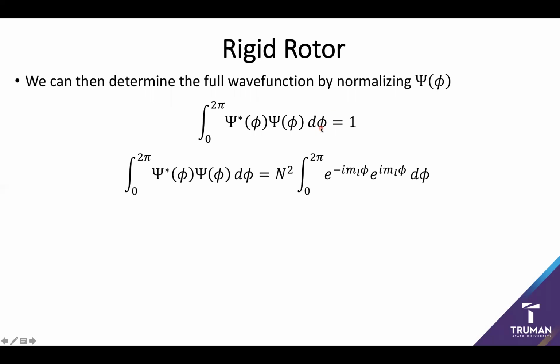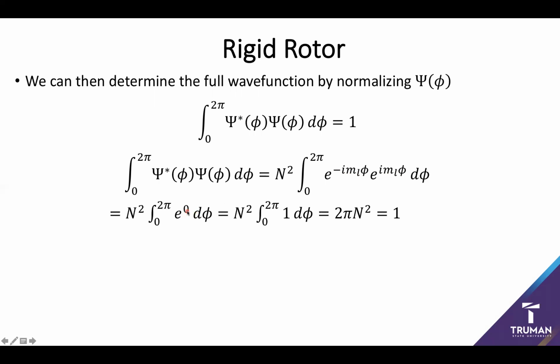So we can then input our complex conjugate, e to the negative i m sub l phi, and then our actual value, e to the i times the quantum number times phi. Now, this is one of my favorite integrals because, if I multiply these two together, that's the same as adding the exponents. So i times the quantum number times phi minus i times the same thing, that goes to 0.